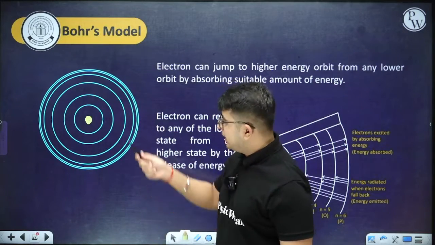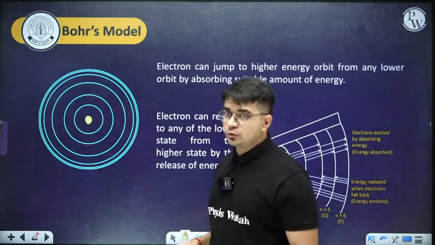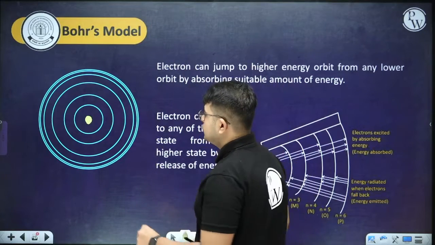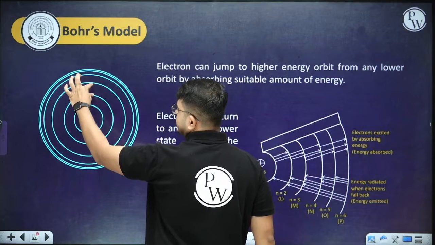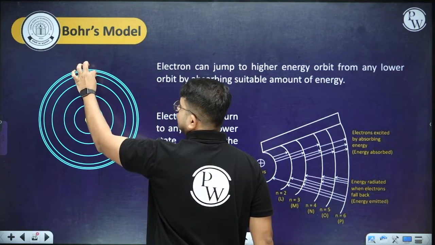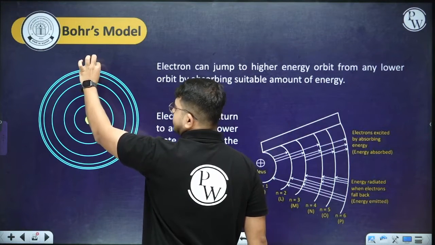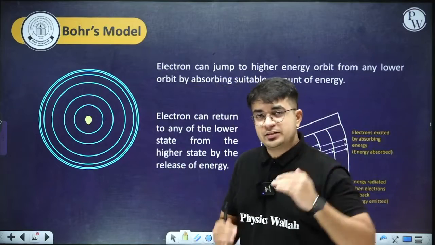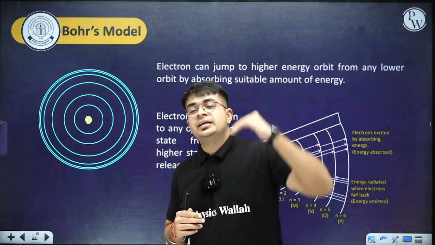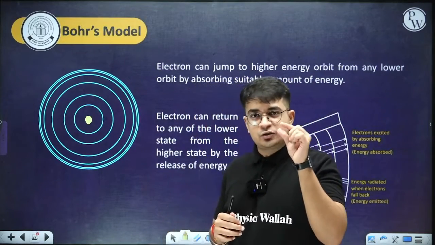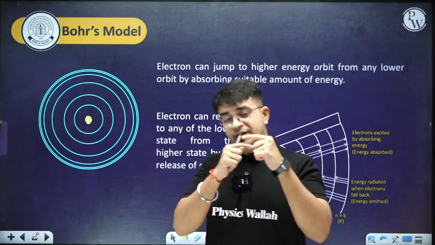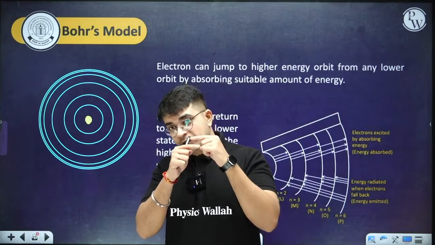It means as you are moving away from the nucleus, you can see that this gap is more, this gap is more, this gap is more. Again, this gap is going to be small, this gap is going to be small, and the next gap is going to be very, very small. It means when the value of n increases, the energy also increases, but the difference between the energies decreases.